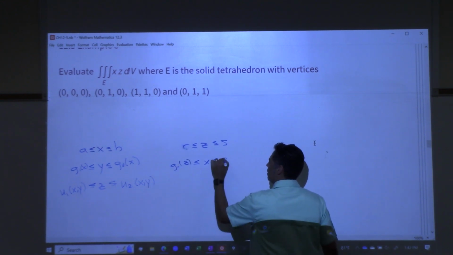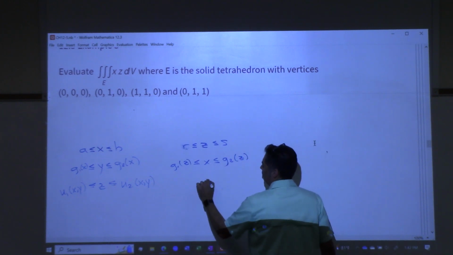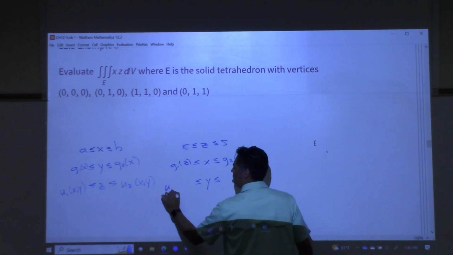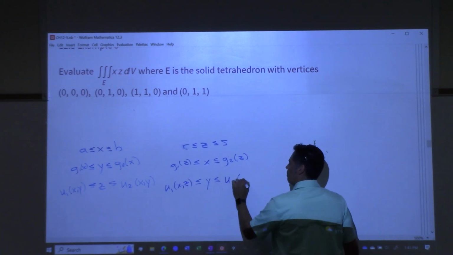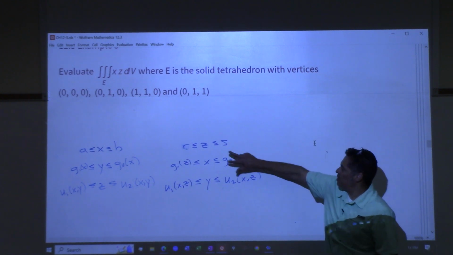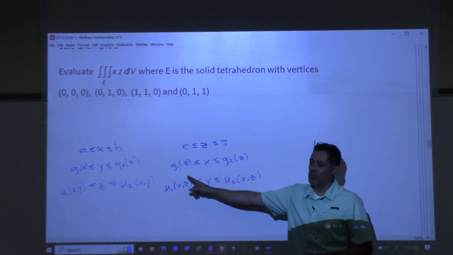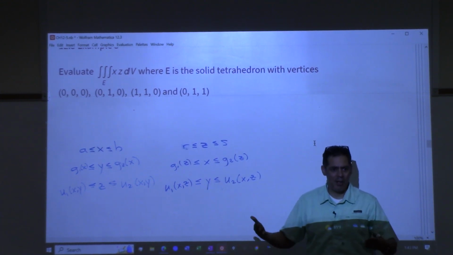Z. And then I could let the only variable left, y, be between two functions of what? X and z. Right? Or you could have switched these two and put the x between two constants, the z between two functions of x, and then your y between. You see there's all these different combinations?